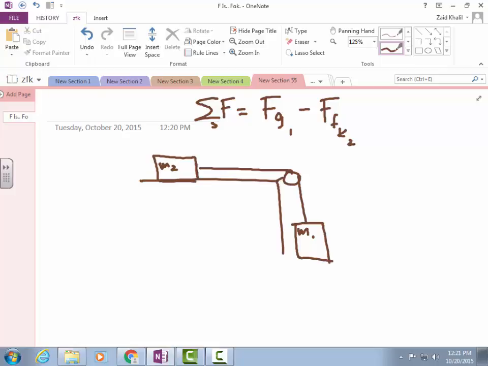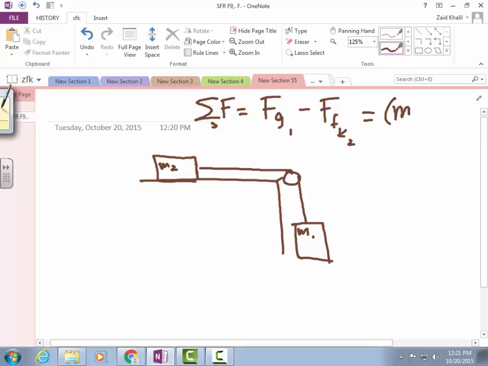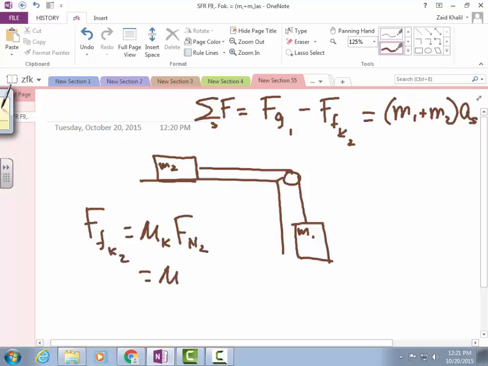So this is equal to the mass of the system times the acceleration of the system. So now what's Ffk2? By now we're experts, yes. Correct. In this case, it's mu k times m2g.